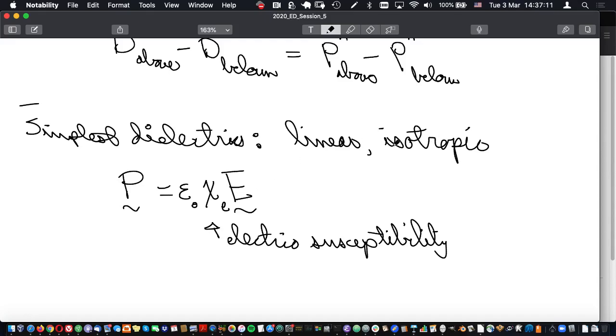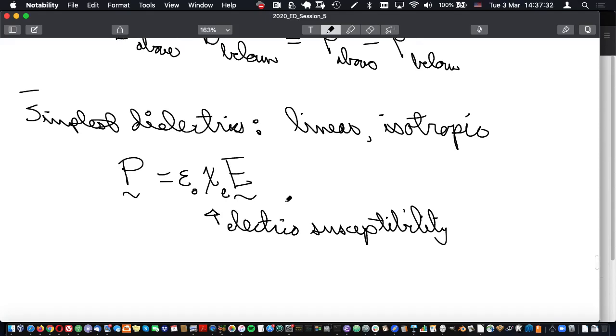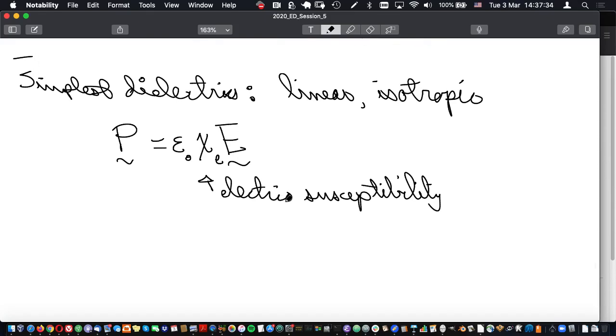Isotropic means that it doesn't matter in which direction you apply the field, the material will polarize in that direction. Now, this is by far not the case for all materials, but the simplest materials behave like this. In fact, most of the really interesting materials do not behave like this, but we'll get back to that maybe later.